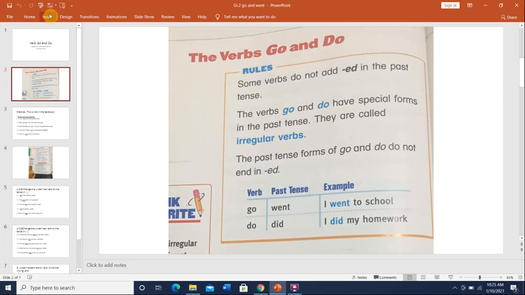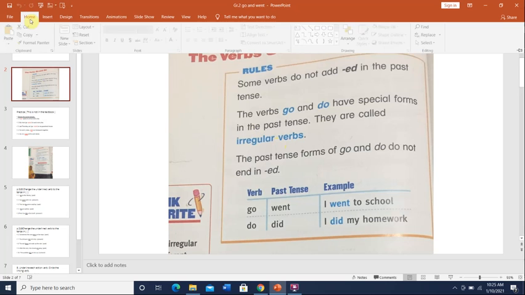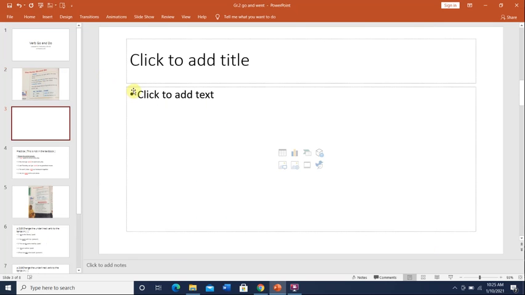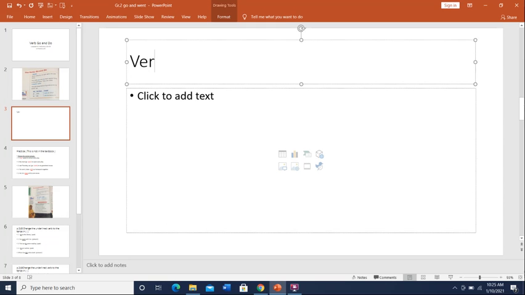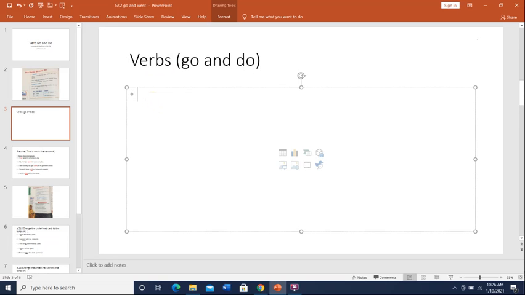So today in the session, I noticed that some of you forgot how to use these verbs in the present tense. The verbs for this lesson are go and do. For the present tense, we usually use go and goes, and we use do and does also in the present tense.